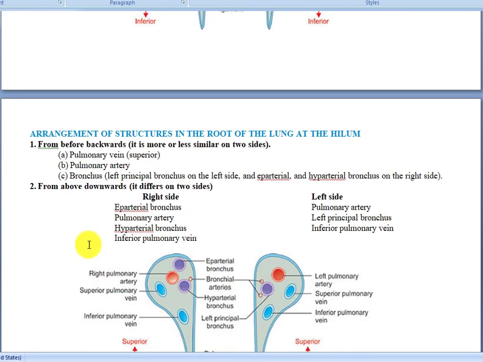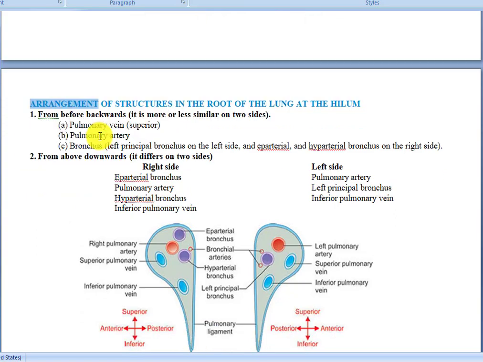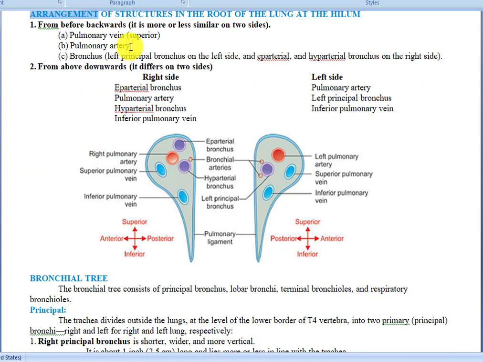These are the structures which are found in the root of the lungs. Okay, how are these structures arranged? What is the arrangement of the structures in the root of the lung at the hilum? From before backward, meaning from anterior to posterior, it is more or less similar on both sides.